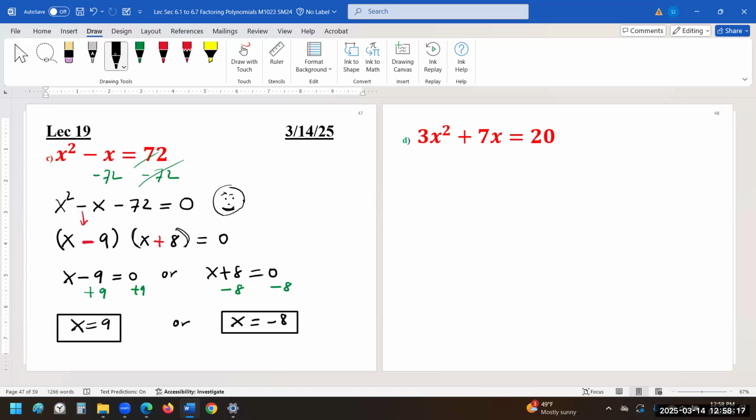I'm saying that step is critical, right? Of course, these are your solutions, because x minus 9 is not the final answer. X minus 9 is a factor, but you're solving. Solving means get the x alone. So these two are actually the x-intercepts.